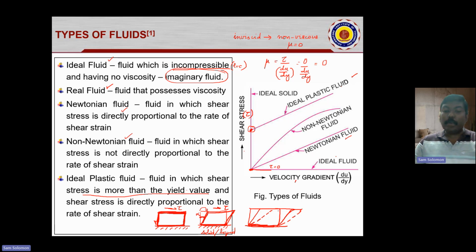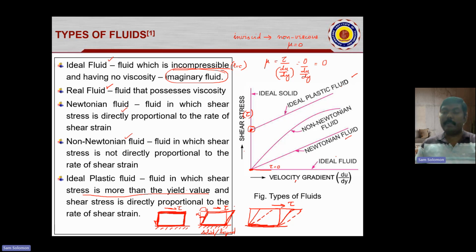Okay. So as I apply shear stress, there is going to be a continuous deformation in case of a liquid. Whereas if it is a solid, there is no continuous deformation. There will be a deformation till the elastic limit.